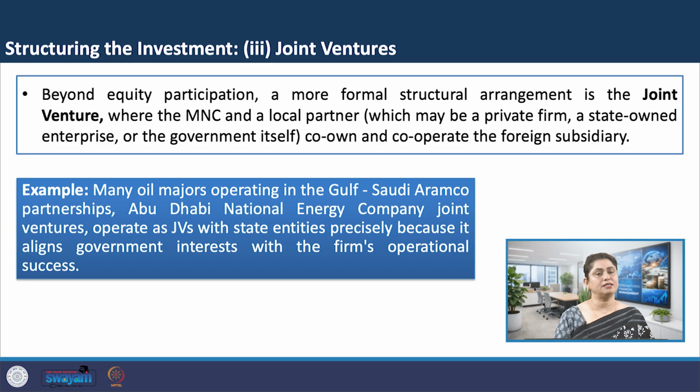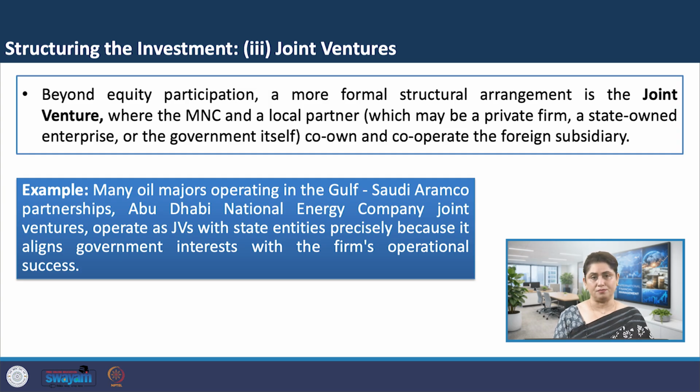The Gulf oil industry provides perhaps the most enduring global illustration of joint ventures as a country risk management tool. Major oil companies operating across the Gulf, in Saudi Arabia, Abu Dhabi, Kuwait, and Qatar, have historically structured their operations as joint ventures with state entities.